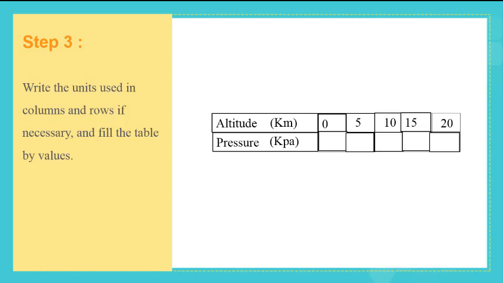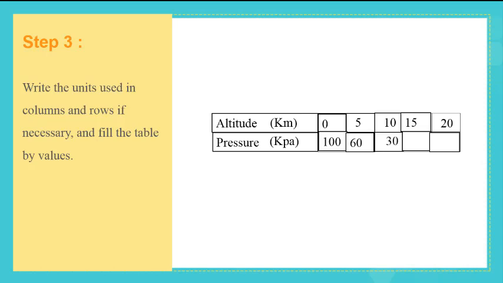How? Ask yourself, what is the pressure at altitude 0 km, or at the sea level? The pressure is 100 kilopascal. What is the pressure at altitude 5 km? 60 kilopascal. What is the pressure at altitude 10 km? 30 kilopascal.